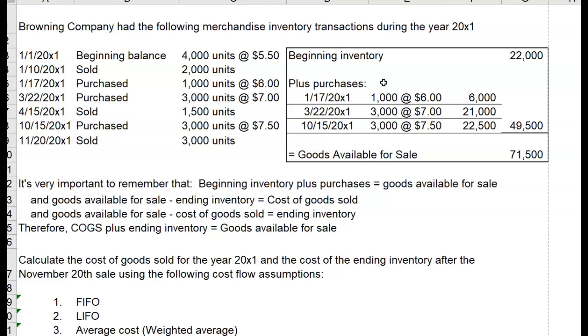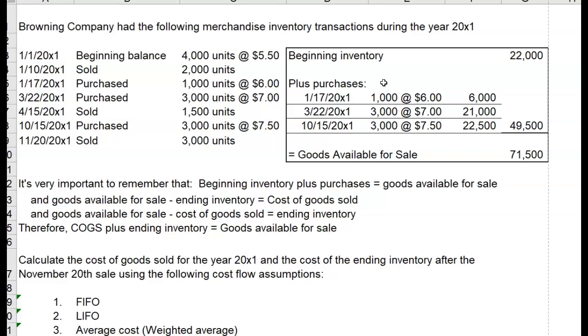And the example given was automobiles have a VIN, a vehicle identification number. It's a unique serial number, and that serial number can be used to match the cost of that specific automobile with its actual purchase price.